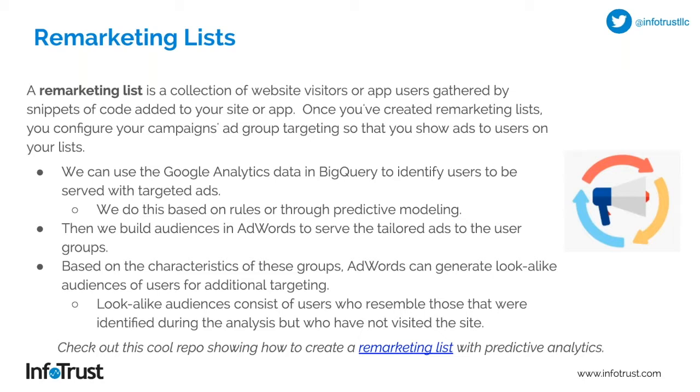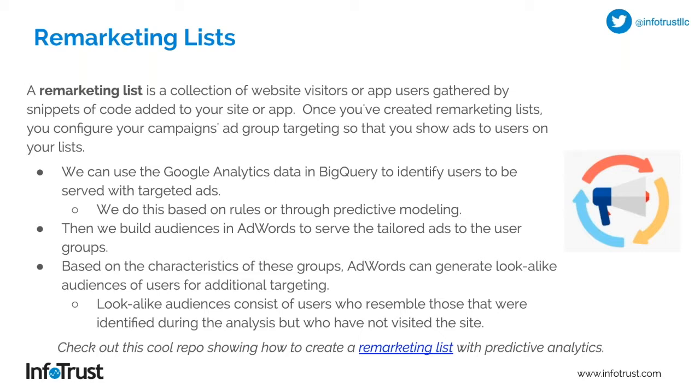I actually came across an article from Google and their code repo that they shared, walking through a way that you can do this yourself. So not only can you identify those customers that are likely to convert, what we also advise our clients to do is utilize the lookalike audience feature within AdWords.